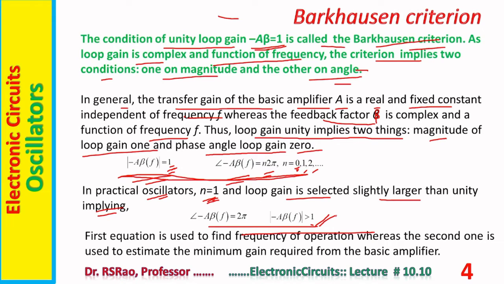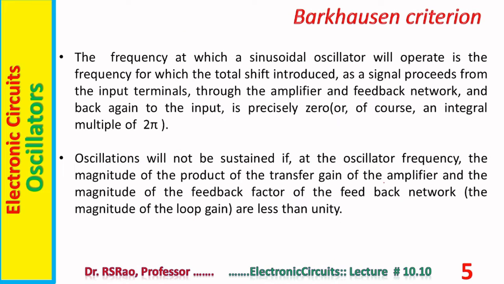These are the things that are implemented in a feedback circuit to convert it into an oscillator. The first equation is used to find the frequency of operation, whereas the second one is used to estimate the minimum gain required from the basic amplifier. Barkhausen criteria, as already mentioned, is the unity loop gain condition that feedback amplifiers are required to satisfy. Technically, it is known as Barkhausen criteria.